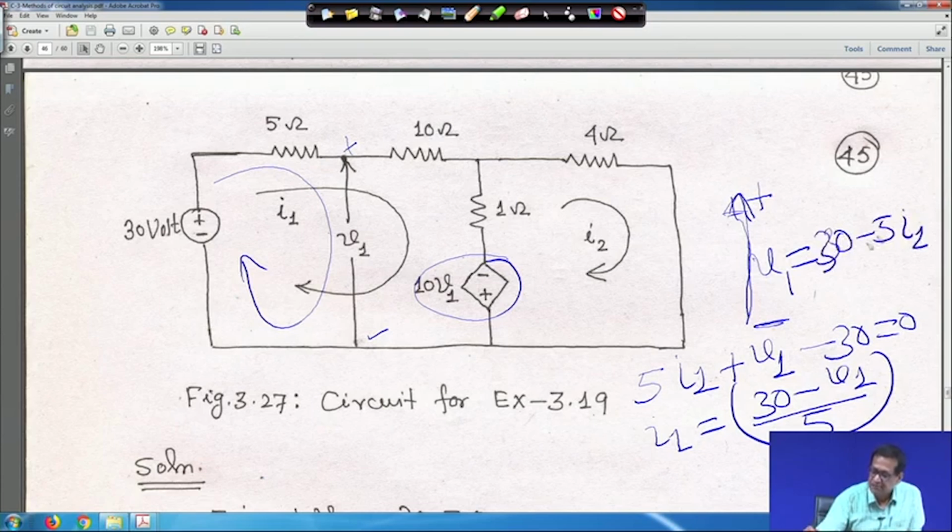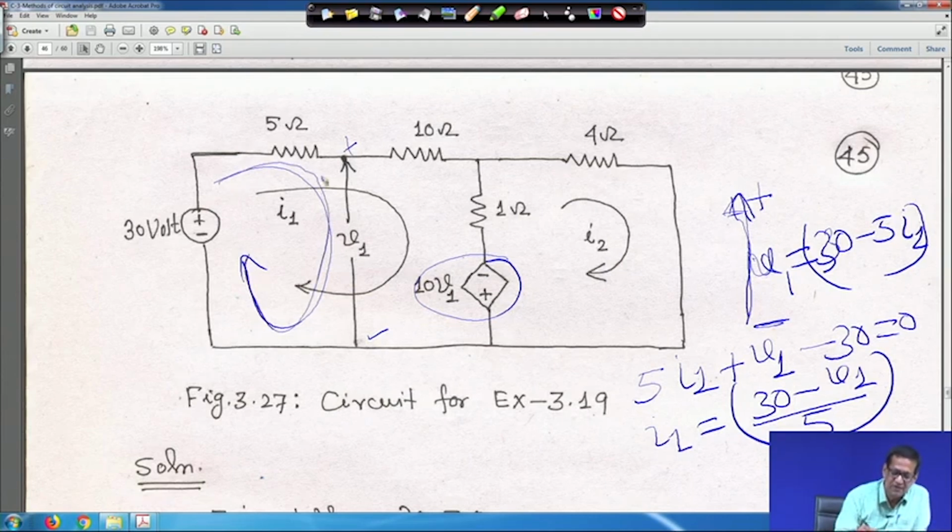So V1 you have to obtain in terms of I1, because we have to solve for I1 and I2 first. I applied KVL here: 5 I1 plus V1 minus 30 is equal to 0, right.